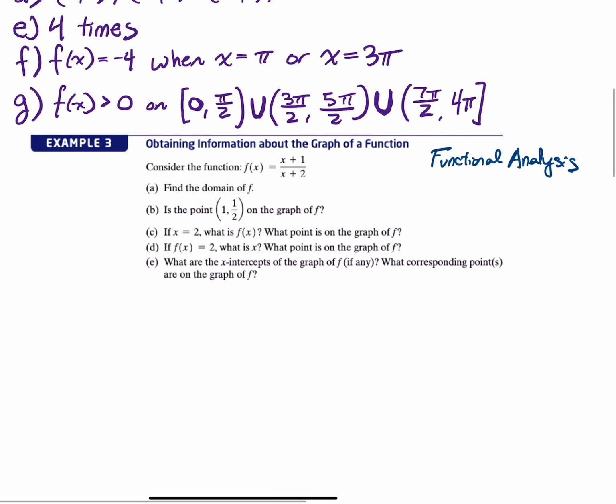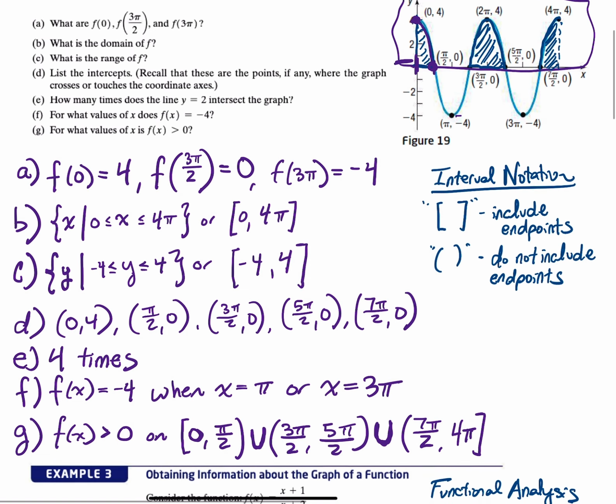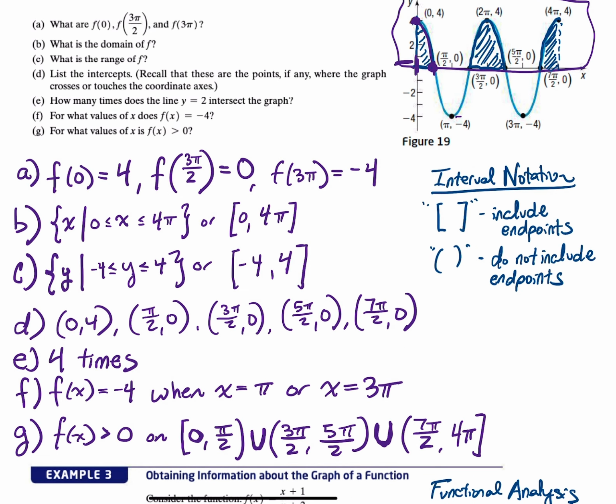Meaning that we're given a function and we're describing some attributes of it, maybe the domain and range, maybe some maximum or minimum values. If you are maybe doing some physics or trying to build a mathematical model of some real world situation, then these particular points have some interesting context.